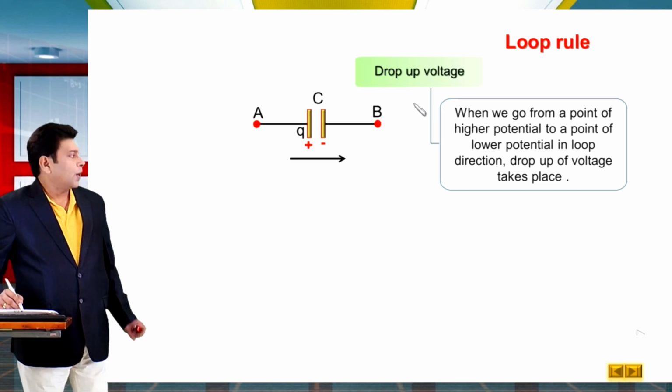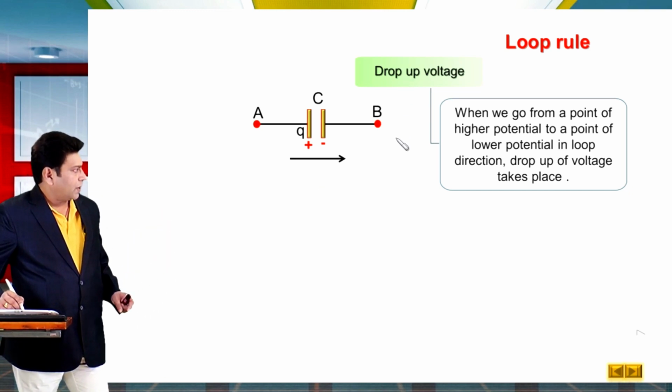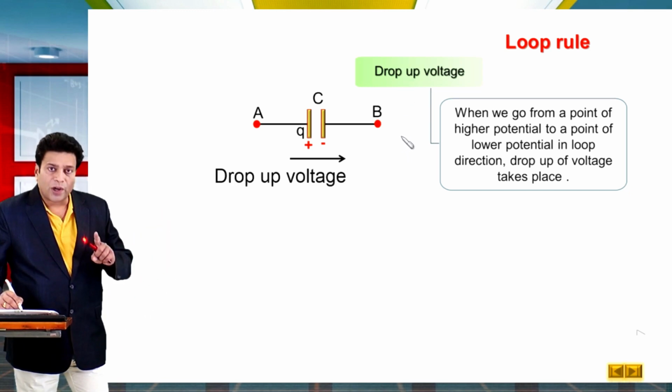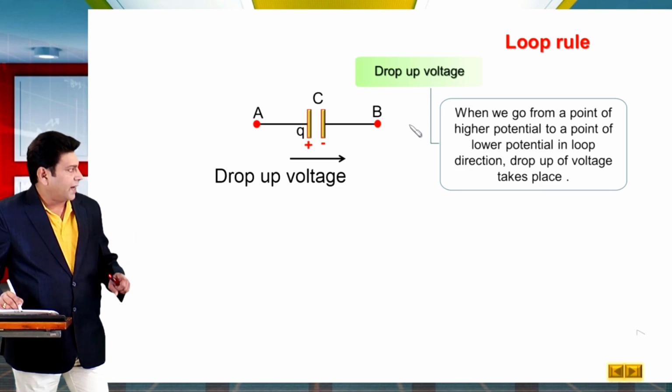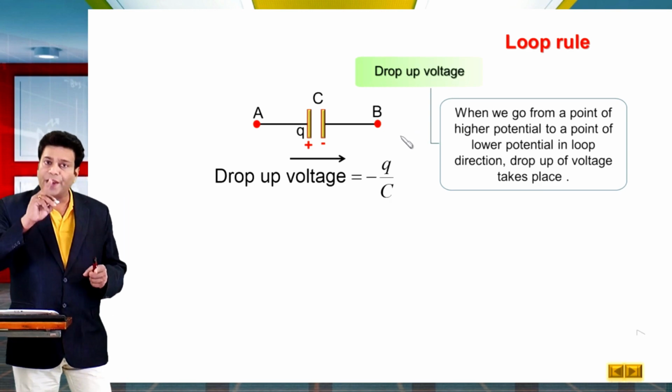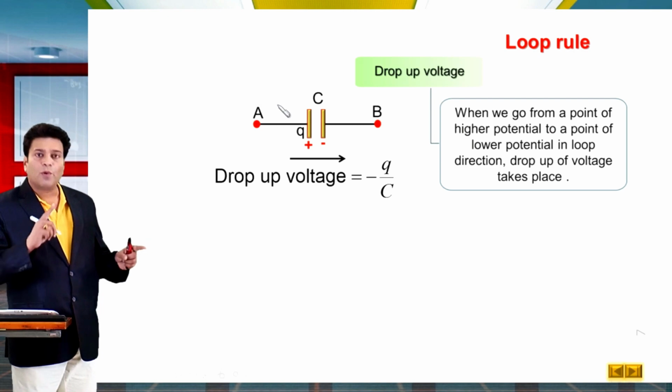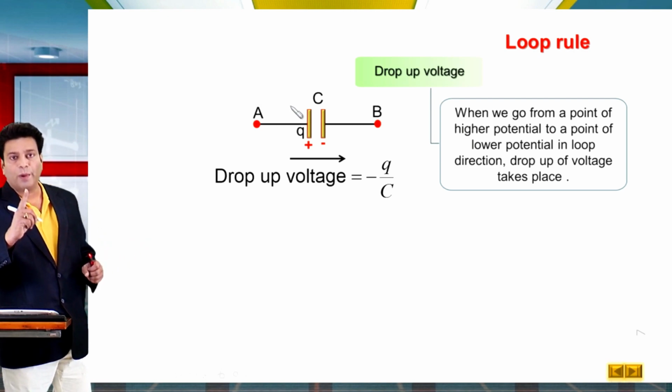In this case, a drop of voltage will occur, and this drop of voltage is equal to Q divided by C with a negative sign, because we are moving from the positive plate to the negative plate.